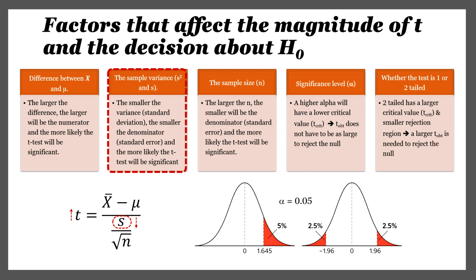So let's say you have a sample of students who received extra tutoring for some course, and you want to compare their average exam score to some larger population of students who were not tutored. And let's say the sample mean is 75. Well, if the variability in that sample is large, that means the scores are all over the place. Some way above the mean, some way below the mean.